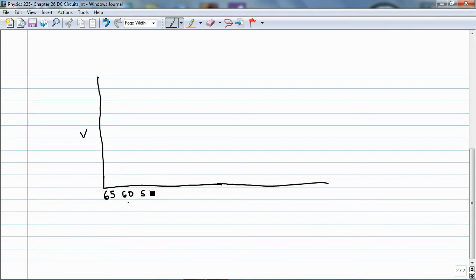So if we have this, and there's a graph of this in the notes, we get our axis set up here.